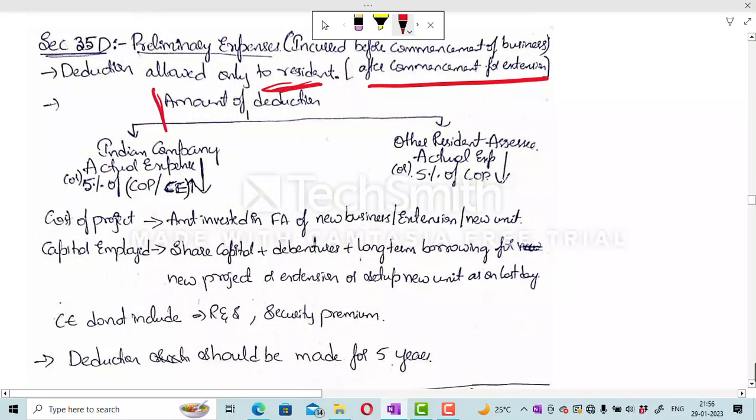Okay, what is the amount of deduction available?